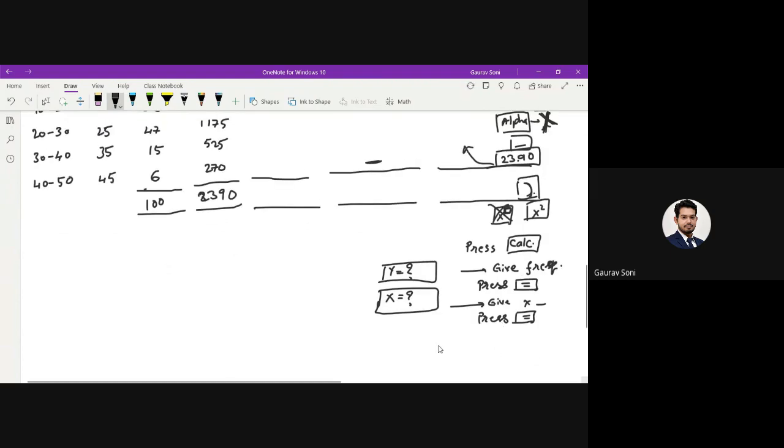Once you press equal to, you will see the value of y times x minus 23.90 square on your screen. Note that down and then again press equal to. Keep going, pressing equal to, go on giving the values of xi's and yi's, and you'll get a complete table there.